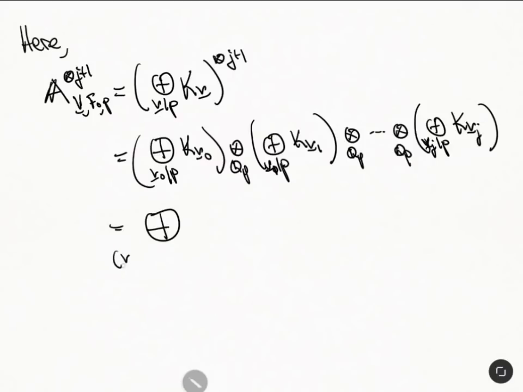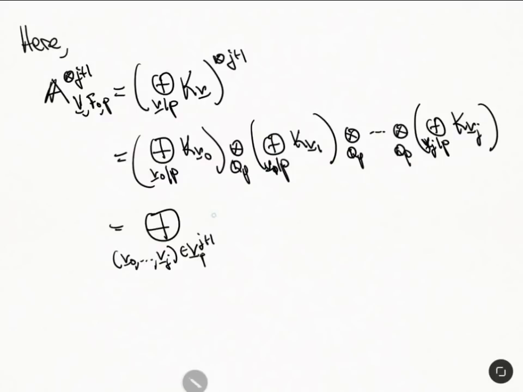And now we'll do V0, Vj. This is the fiber over P to the j plus 1. So this means that you're looking at all of these V underlines that go over P. And it's not really all the V underlines, but let's say that it's all the V underlines for now.